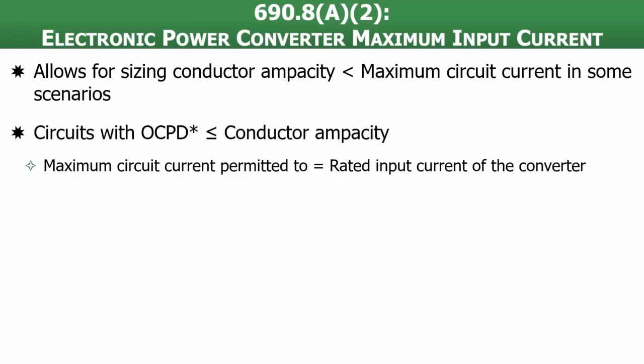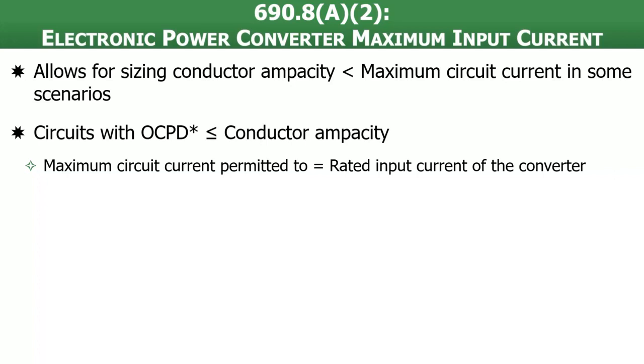So circuits that have an OCPD, overcurrent protection device, with a rating less than or equal to conductor ampacity, that's one of the stipulations. If you have a circuit that's protected with an overcurrent device that doesn't exceed the conductor ampacity, your maximum circuit current is permitted to equal the rated input current of the converter, or the EPC, the DC to DC converter, the inverter, whatever it is.